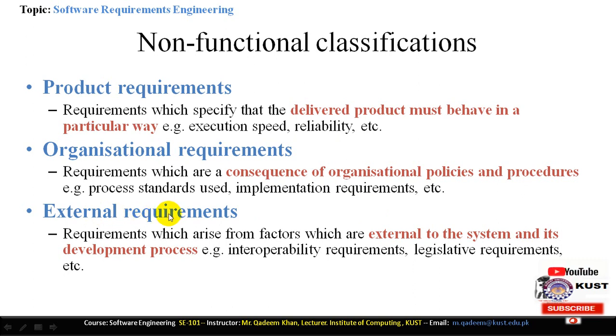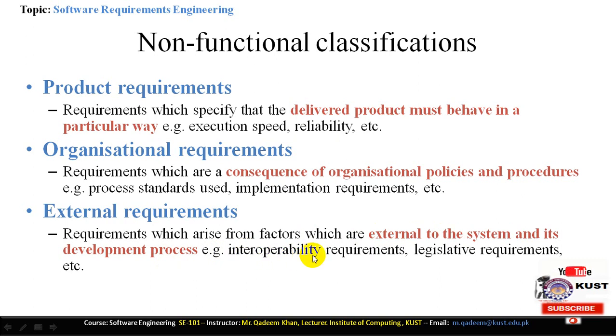External requirements are those requirements which are not the product or the organizational requirements, but are external to the system. For example, third-party requirements, government requirements, or legislative requirements. These are called the external requirements. They arise from factors which are external to the system and its development processes.